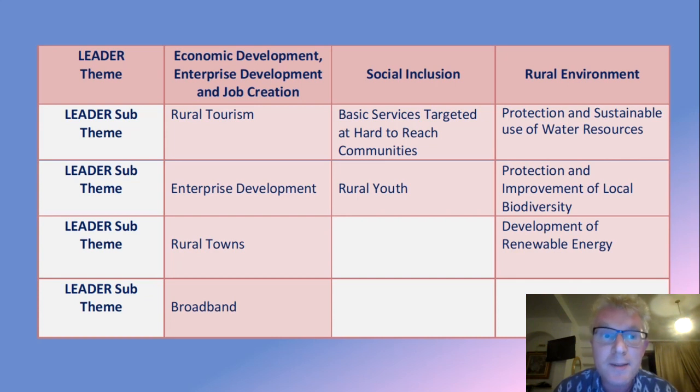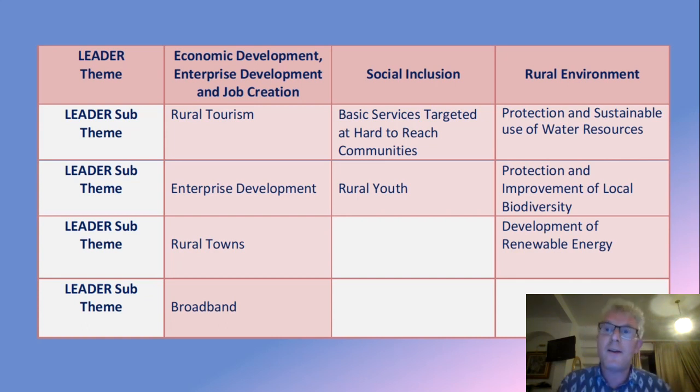These are just some examples. Another area was looking at rural youth and making sure that appropriate and good services were being provided for rural youth so that they would maybe stay in the rural area.